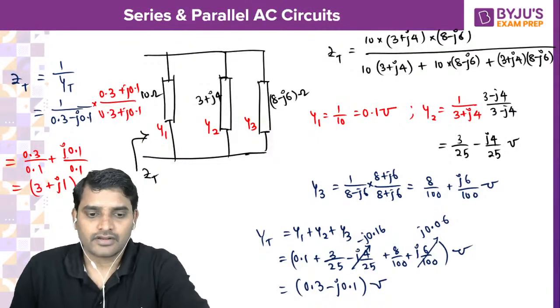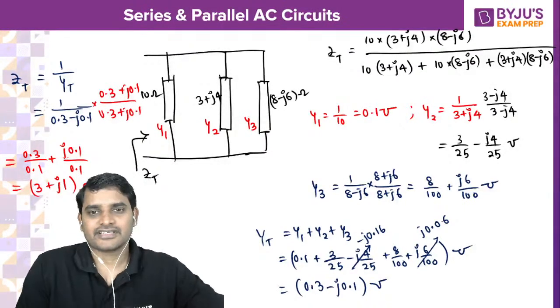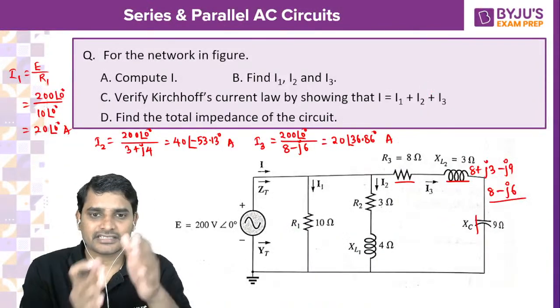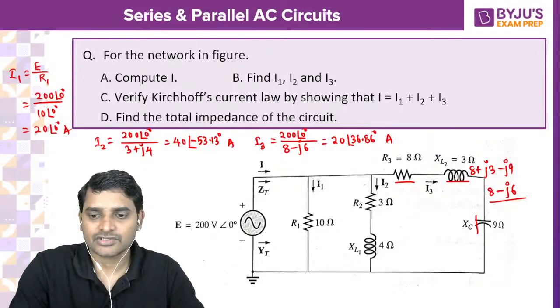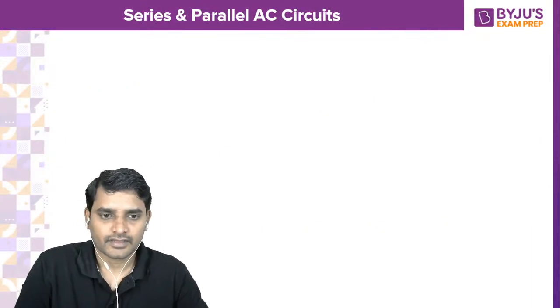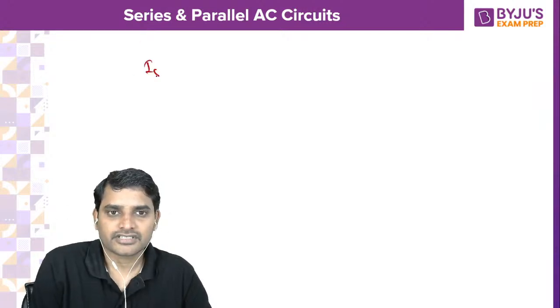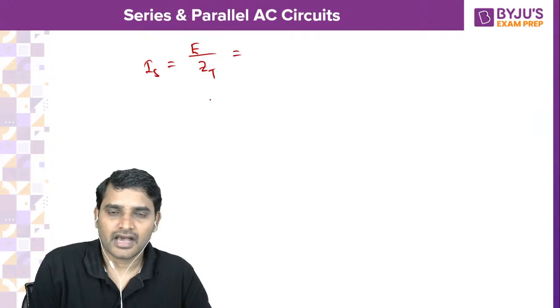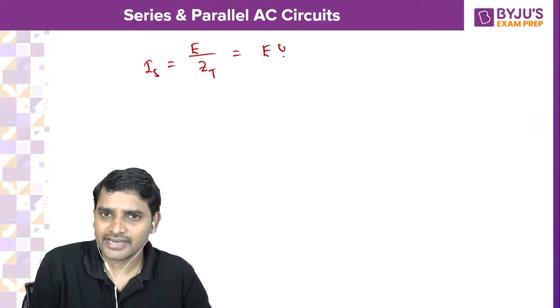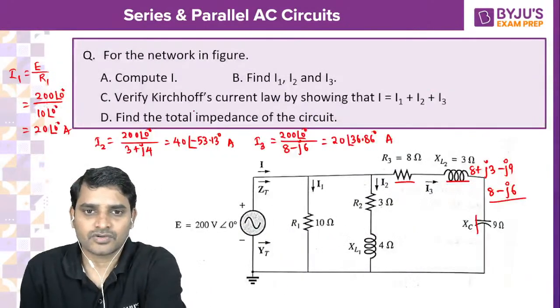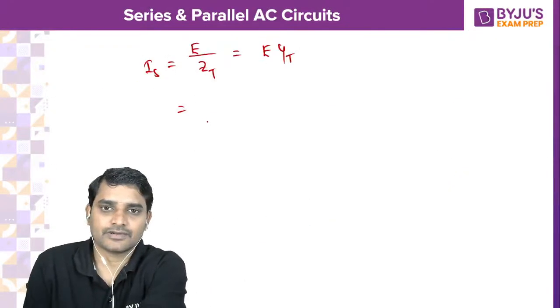Right. Okay, so this is the procedure you can follow. Calculate total impedance, and voltage divided by total impedance gives the total current. The source current will be E divided by total impedance, or otherwise you can take E into YT. E, the source voltage, is 200 at an angle 0.